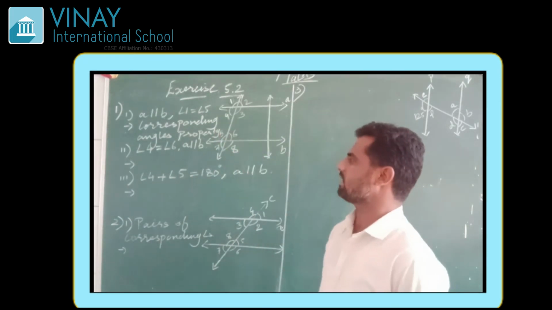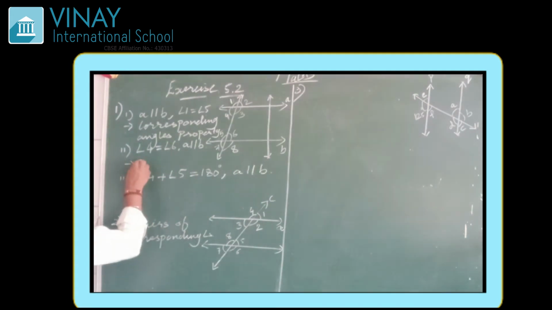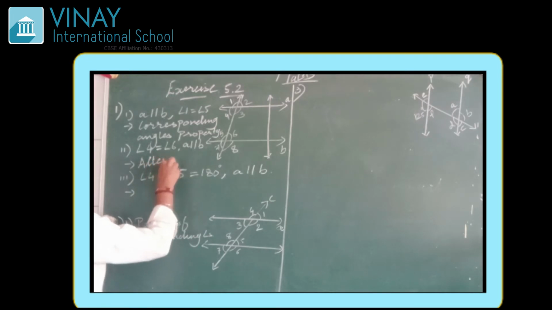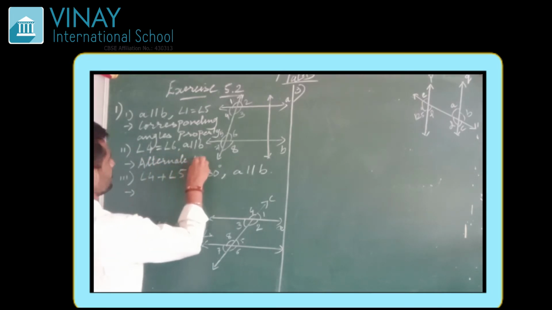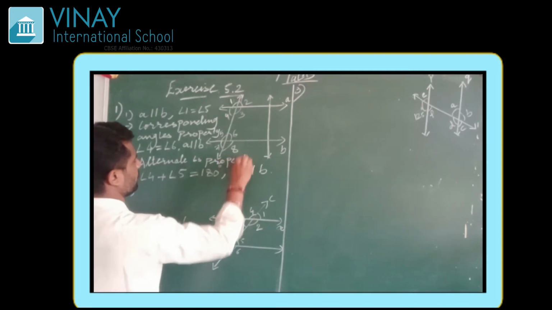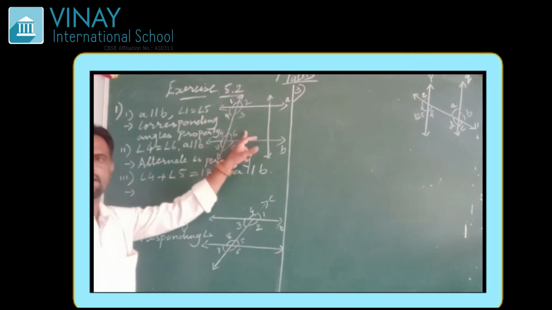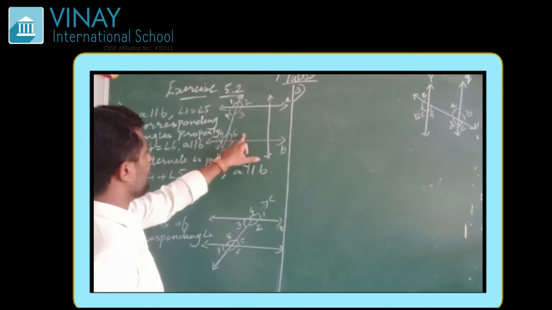Angle 4 and angle 6 are alternate angles, and so we can write that this is the alternate angle property, because angle 4 and angle 6 are alternate angles.